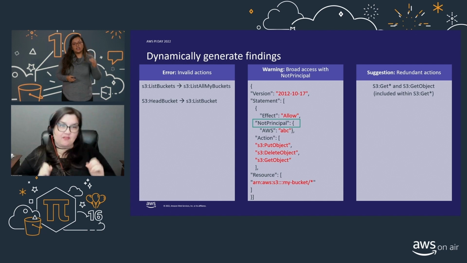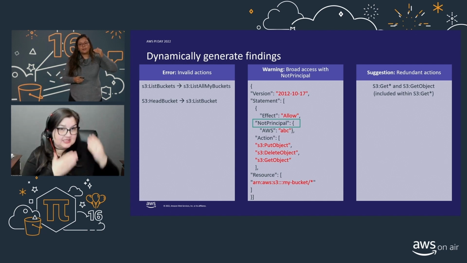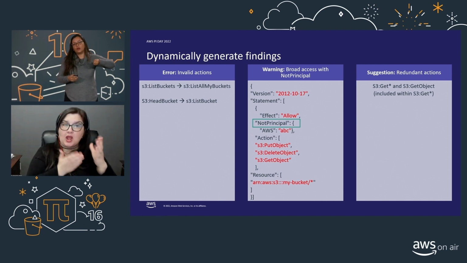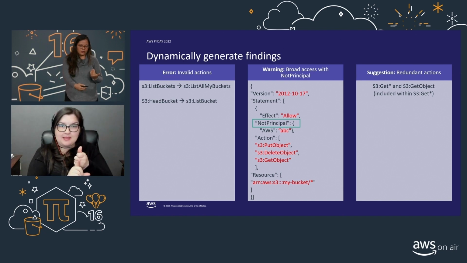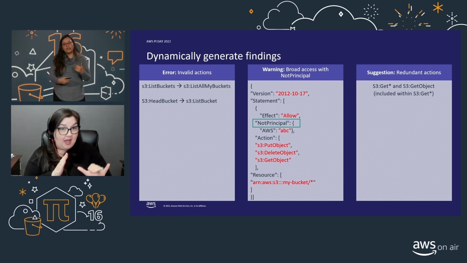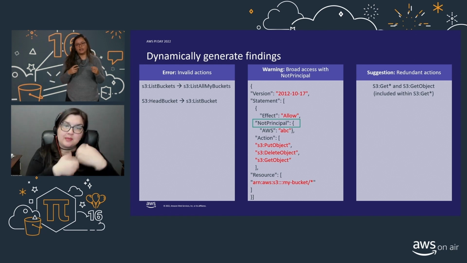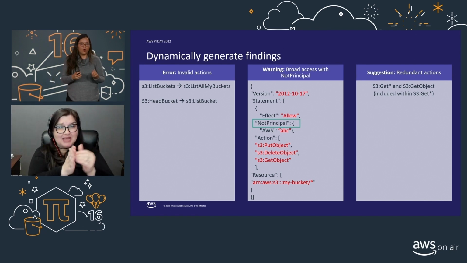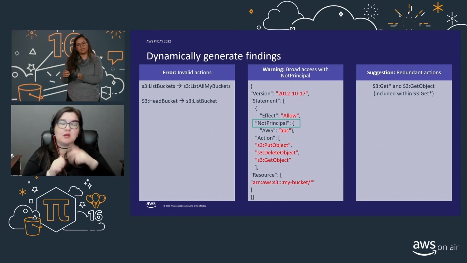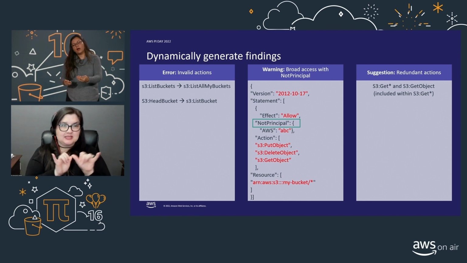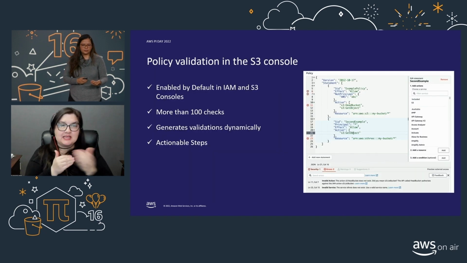And finally, suggestions are generated to recommend stylistic improvements to your policies that will not impact the access allowed by the policy. For example, it generates a suggestion to remove any redundant action, which will help you author a well-structured policy that remains within the policy size limits and is easy to understand and maintain.